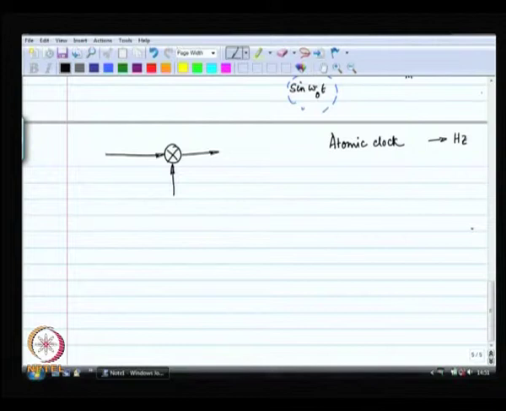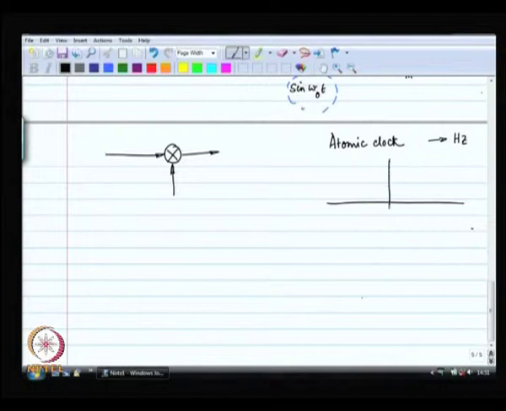Right. So, if you look at the Fourier spectrum of the output of an atomic clock, the Fourier spectrum will look like two perfect impulses. So, let us say the vibration is at some cos omega naught t.